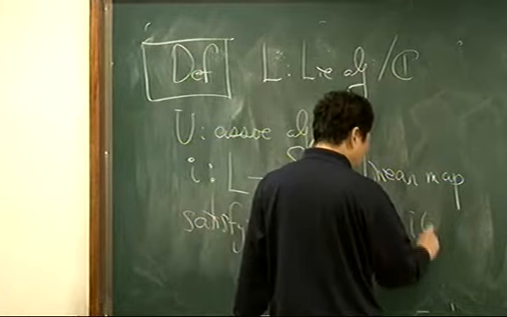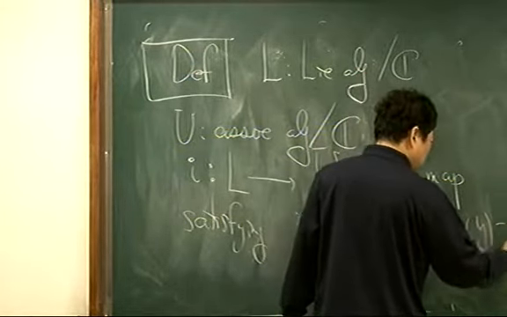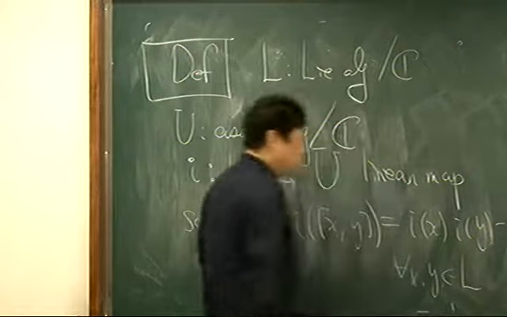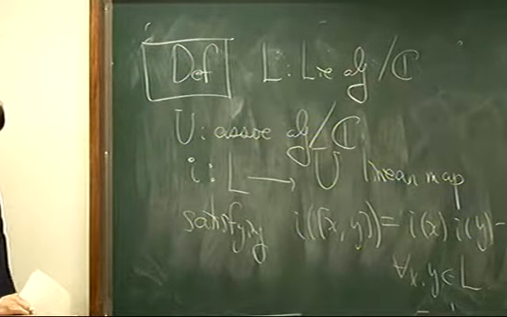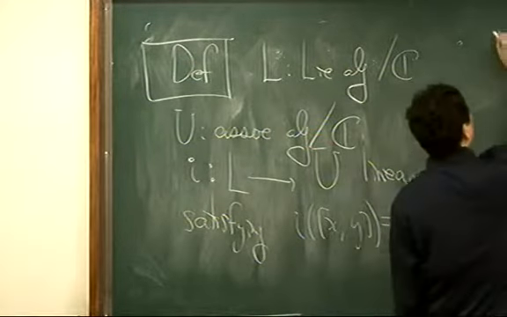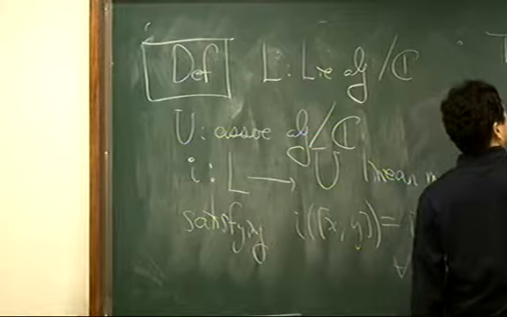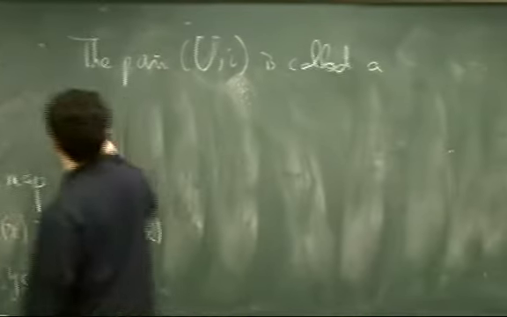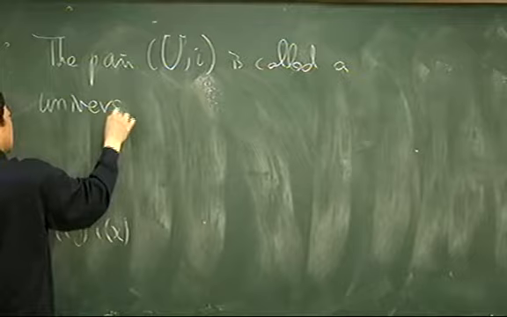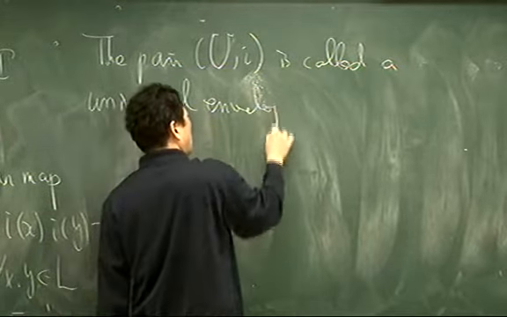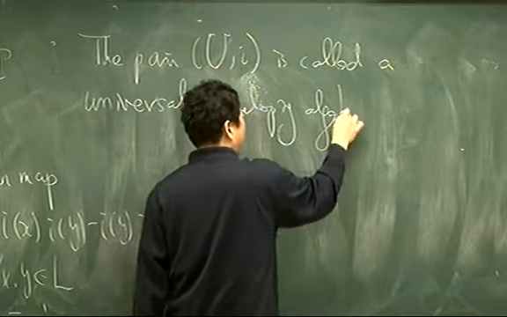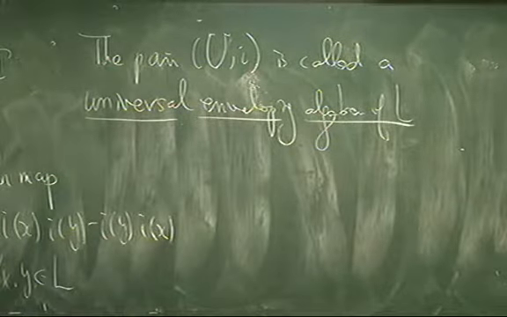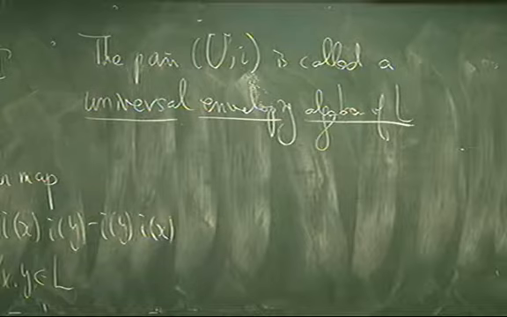So if it satisfies the following condition, suppose we have a linear map, then the pair U and i is called the universal enveloping algebra of L if it is universal with respect to this property.